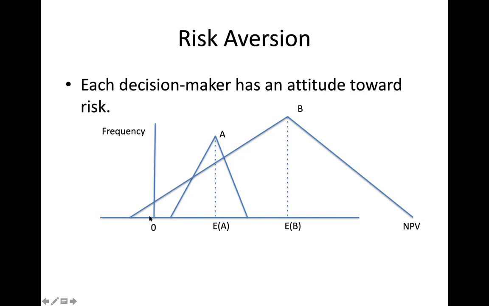And how bad is over here? Well, we don't know till we calculate that expected NPV, because we have an over here, but we also have an over here. And I'm just going to honestly tell you that people are very risk averse in general.